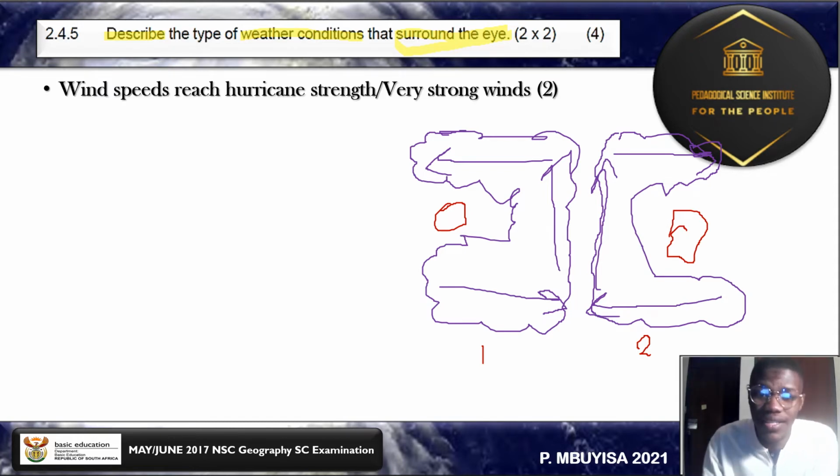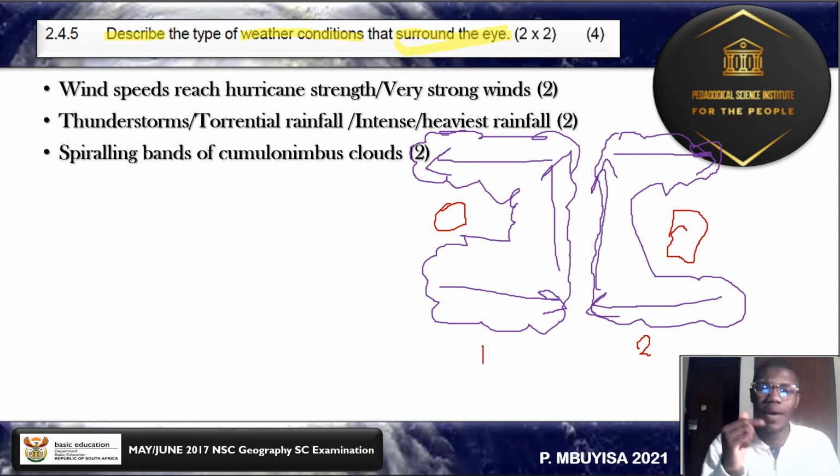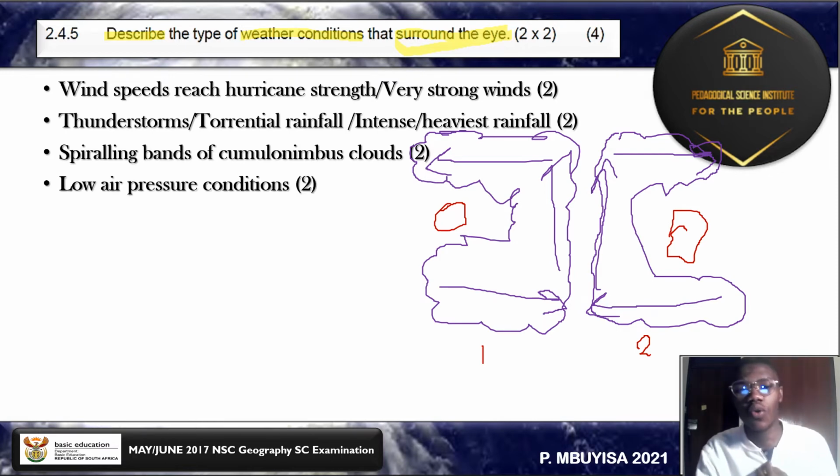So as you can see, that's exactly what happens because of the hurricane strength. So winds are going to reach hurricane strength. As we said, we're going to have a thunderstorm in the interior, intense heavy rainfall, and we are going to have spiraling of cumulonimbus clouds. So they spiral or circle around. They're very thick and very strong as a result of that. So those are some of the conditions you have.